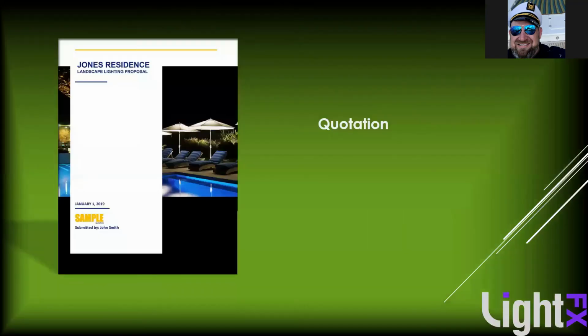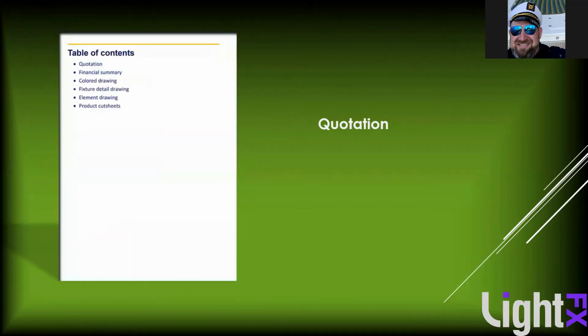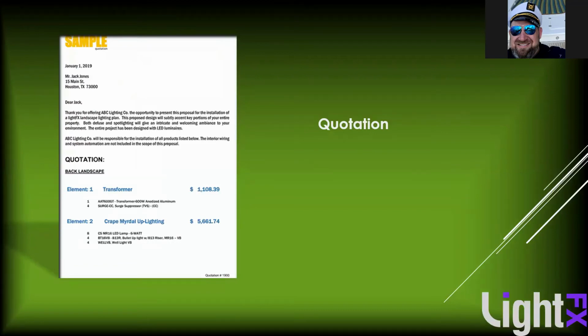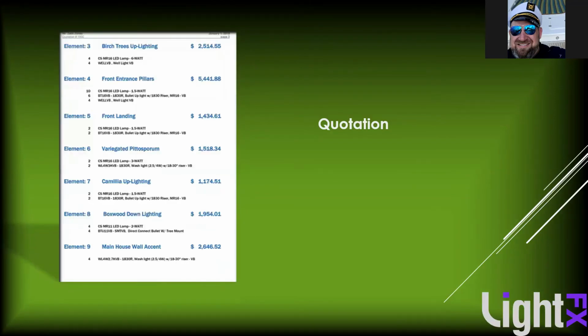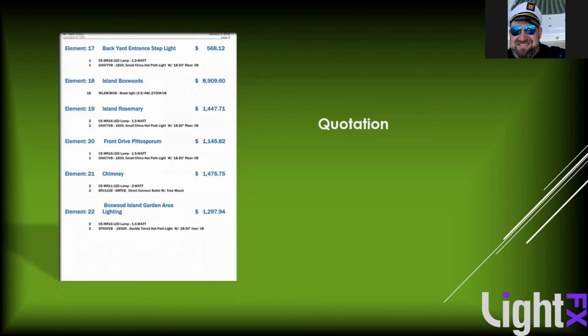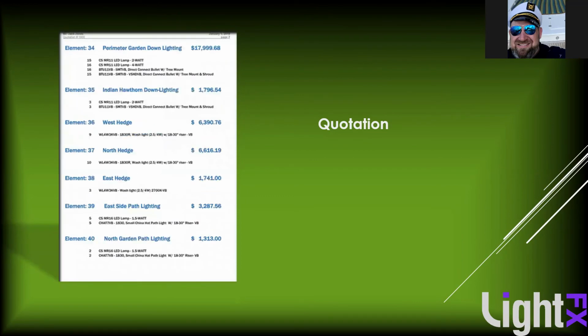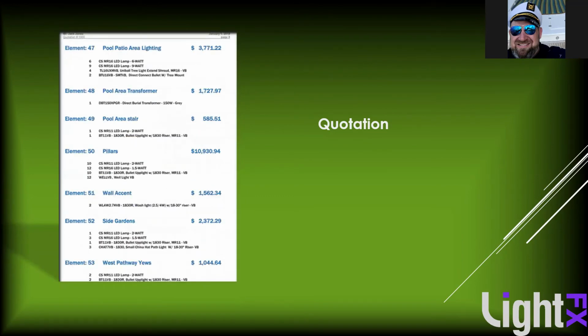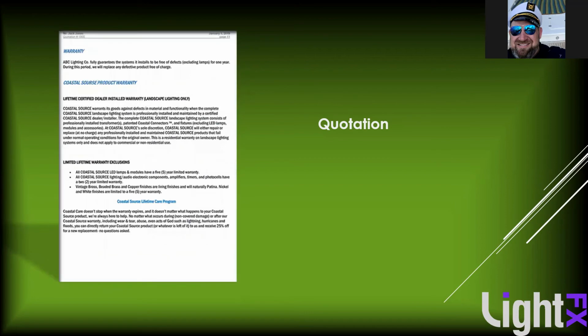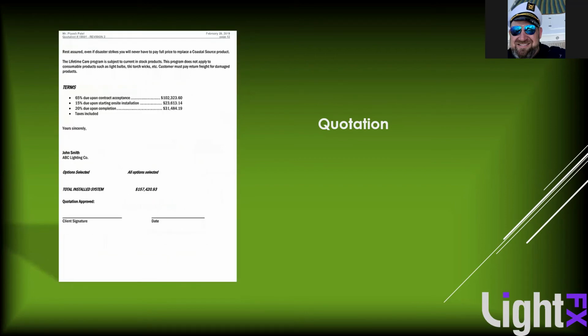So, a sample client proposal. There's the cover page, and then the table of contents, and the quote like we saw in the other one. This one had 56 elements to it. It was a fairly decent sized quote, at $157,000.